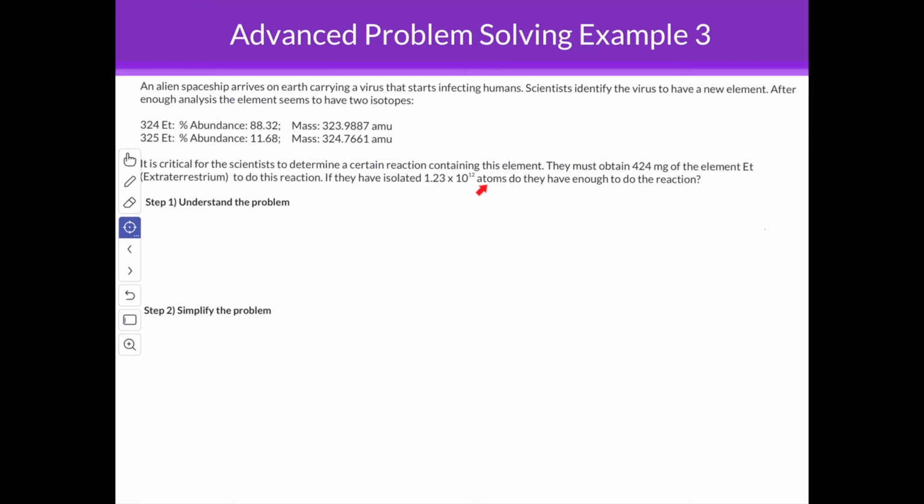If we know how many milligrams this many atoms are, we can compare it to this much and see if they have what they need. So this tells me that we need to do an atoms to milligrams conversion, or an atoms to mass conversion, right?